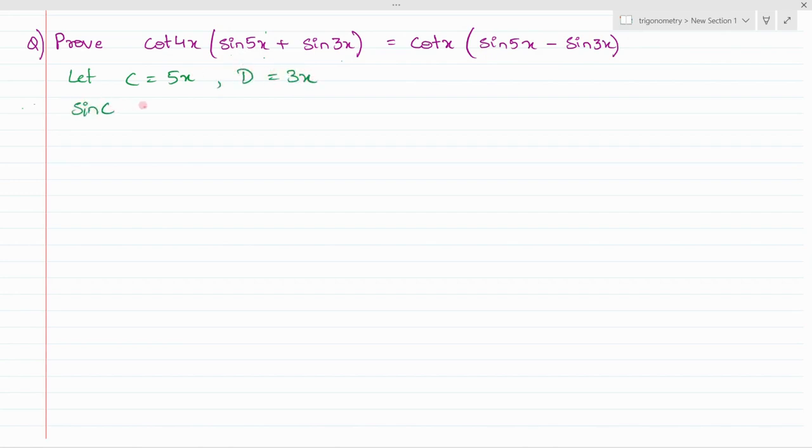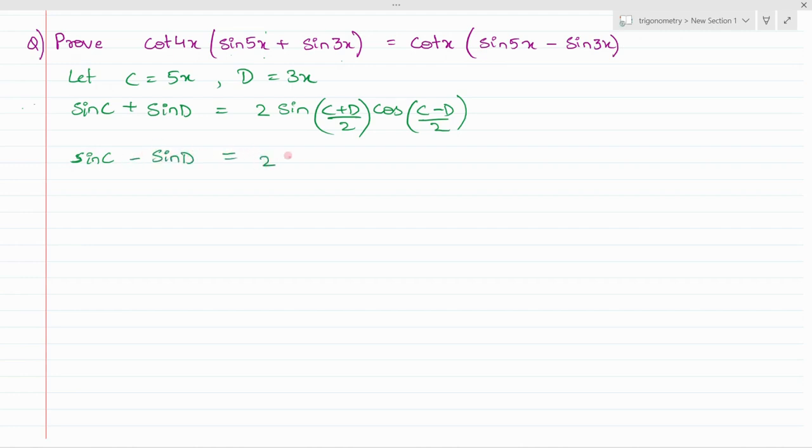So sine C plus sine D is nothing but 2 times sine of (C plus D) by 2 into cos of (C minus D) by 2. And similarly, sine C minus sine D is nothing but 2 cos of (C plus D) by 2 and sine of (C minus D) by 2.